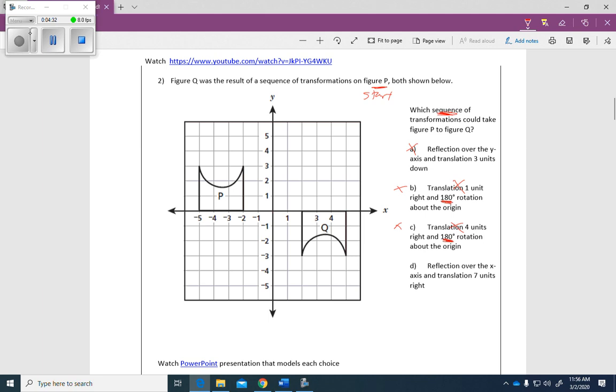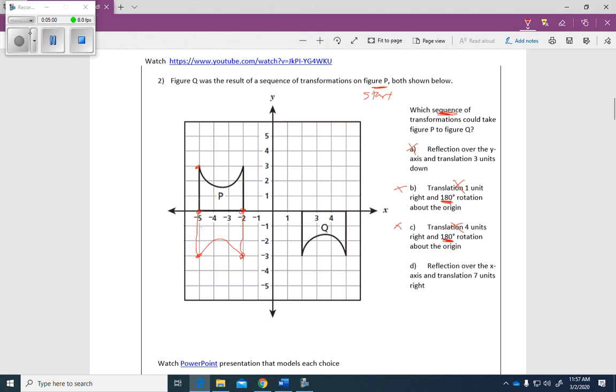So if we reflect over the x-axis, these points stay here. This one is 1, 2, 3, go 1, 2, 3, 1, 2, 3, 1, 2, 3. And I'll do this curved section as best as I can. So that's kind of what the reflection over the x-axis looks like.